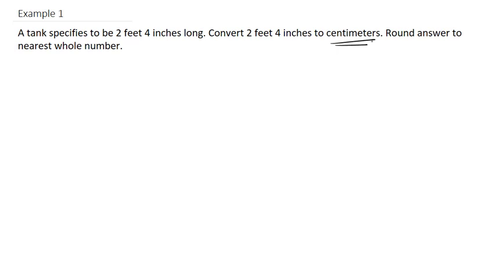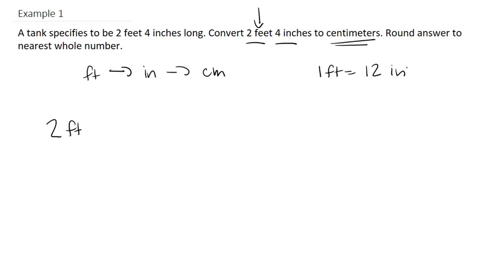So the first thing we need to do is we have feet and we have inches, so we need to get this into the same unit. What we'll first do is go from feet to inches, and then we can go from inches to centimeters. First we're only going to deal with the 2 feet. Now we know 1 foot is equal to 12 inches.